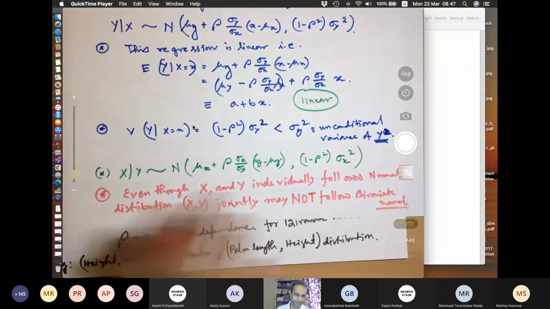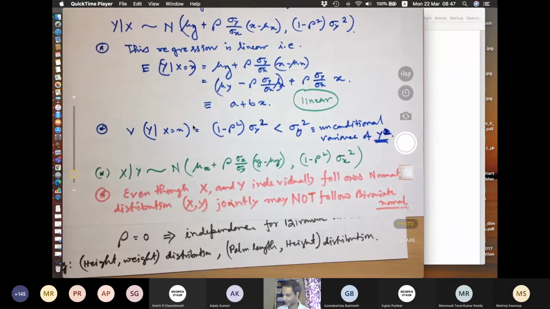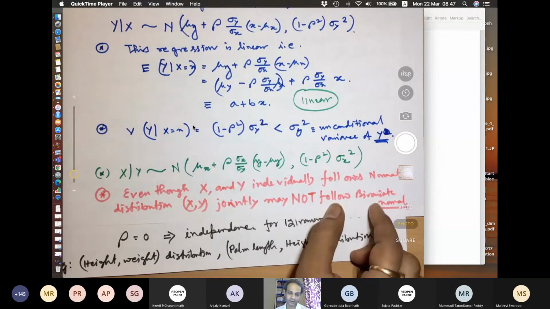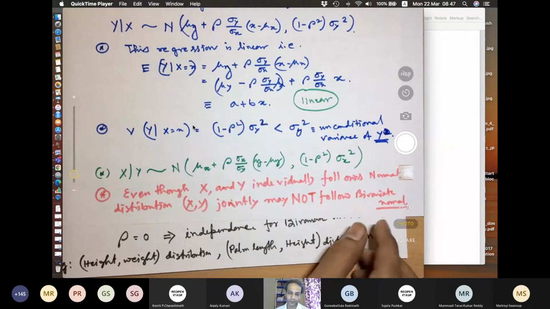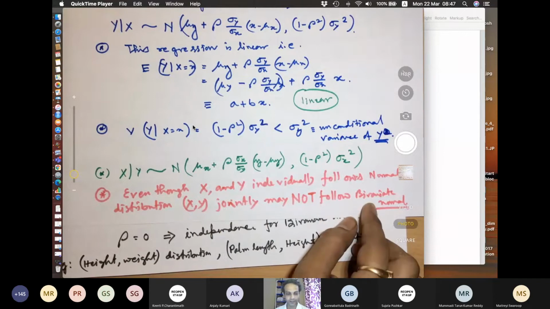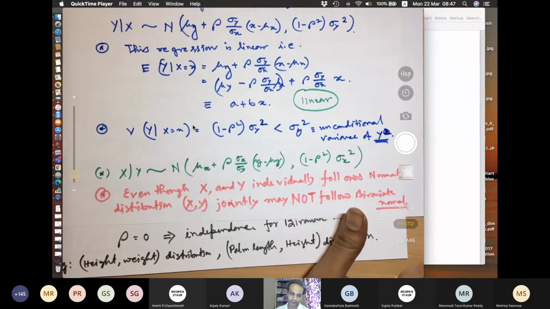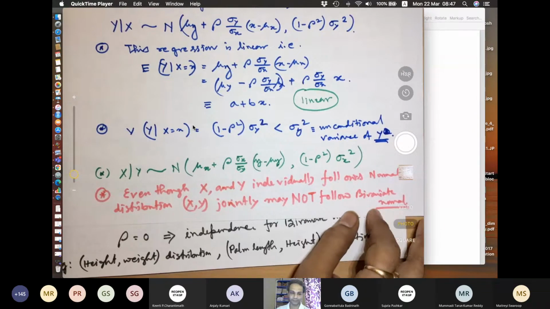Examples can be constructed, but I am just leaving it for your course. x and y marginally may be following normal distribution. That doesn't guarantee that they will jointly follow bivariate normal. But the reverse is true. If they jointly follow bivariate normal, marginally they are always normal. Okay. So remember this thing.